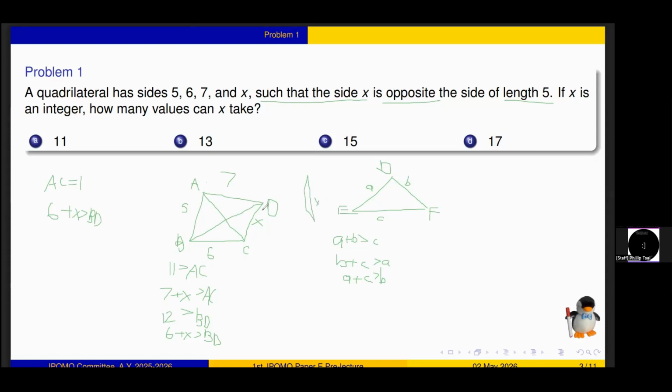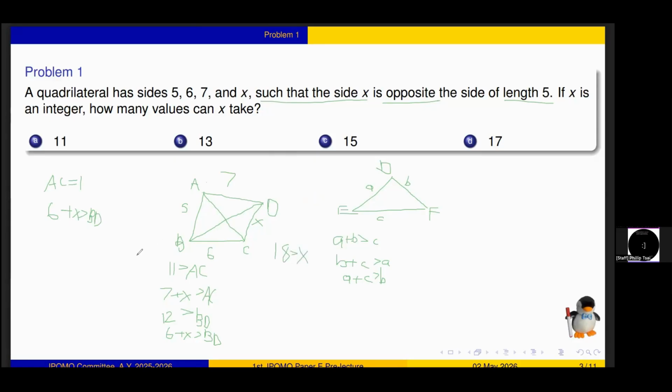To stretch them the most means to put them all in a straight line, which is just adding them up. So we also have 18 is greater than x.